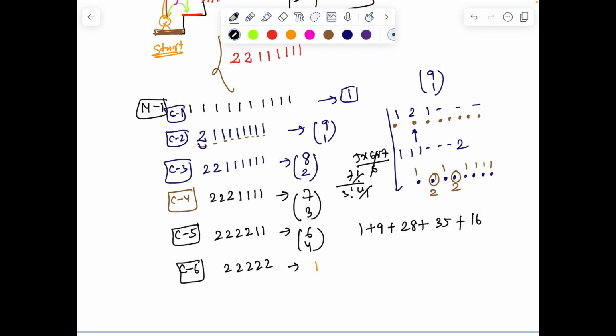So if we add all of them, you can see 29 and 37, 37 and 10, 47, 47 and 6 is 53, 53 and this is 88. Let's count again.